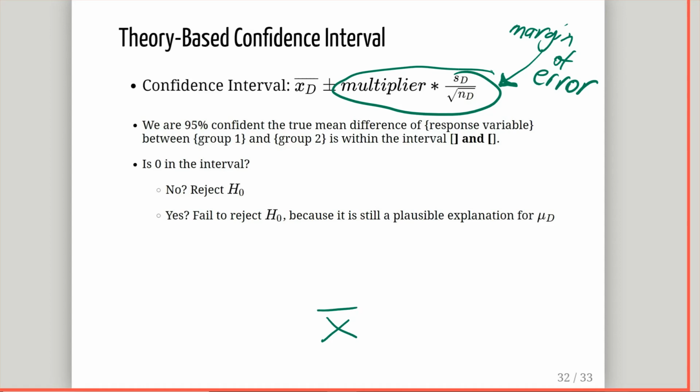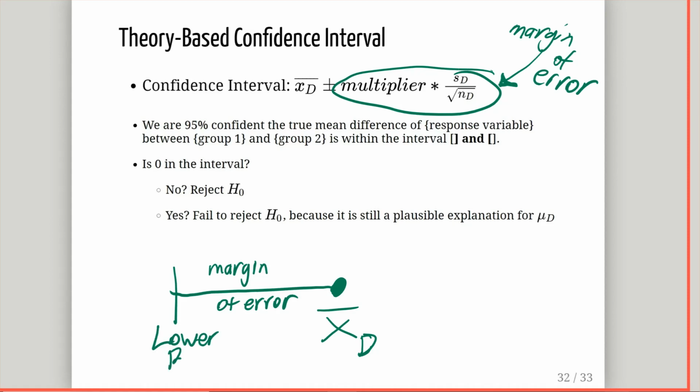So if you want to visualize the confidence interval, you start at the sample mean difference. And then you minus off the margin of error, and you get your lower bound. Then you plus the margin of error.